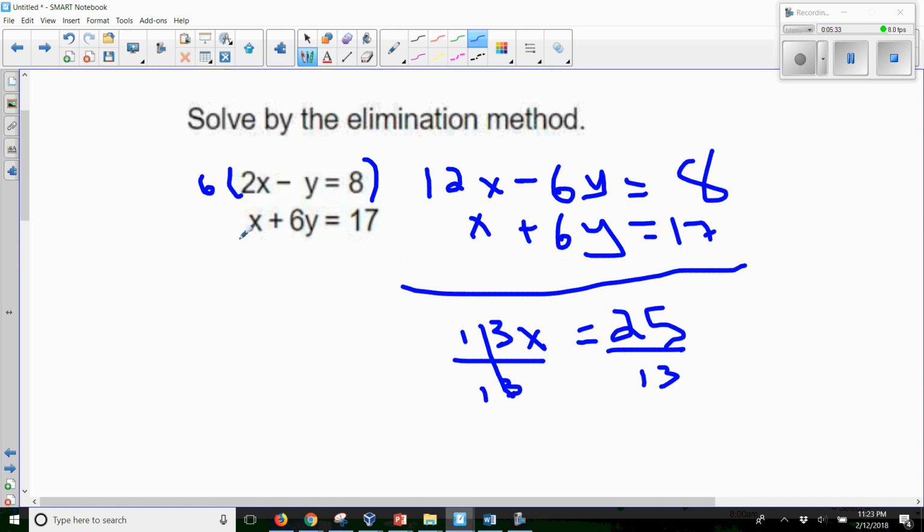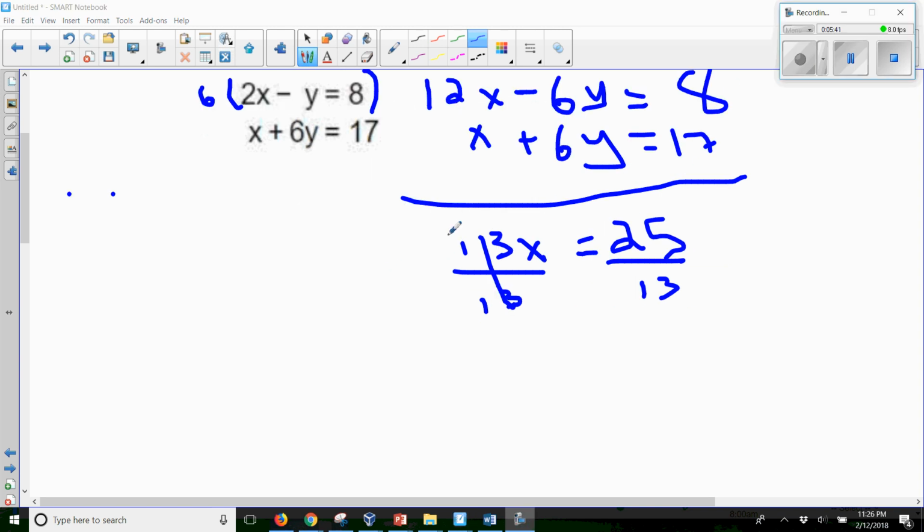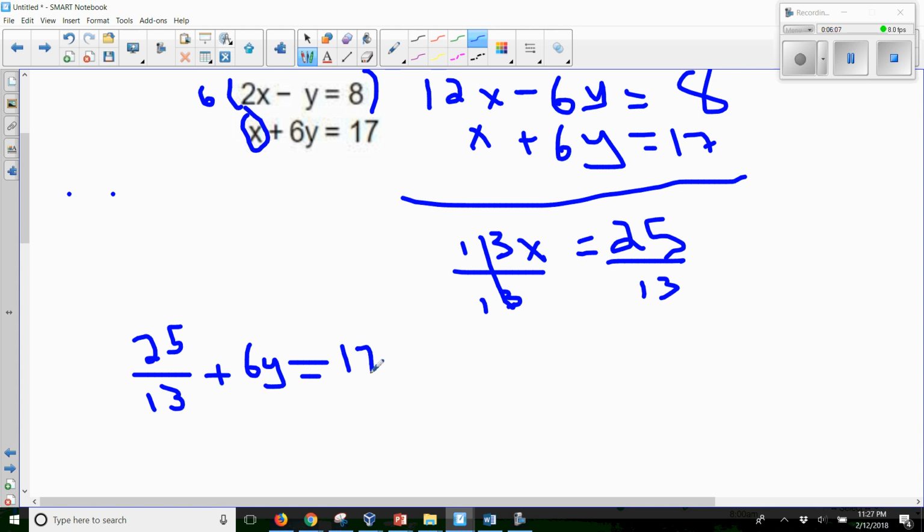Then I have to pick one of my two equations and substitute that into it and solve for the other variable. So now we have a value for x. I'll go ahead and substitute in. Here, instead of this x, we'll put 25 over 13, and then plus 6y equals 17.